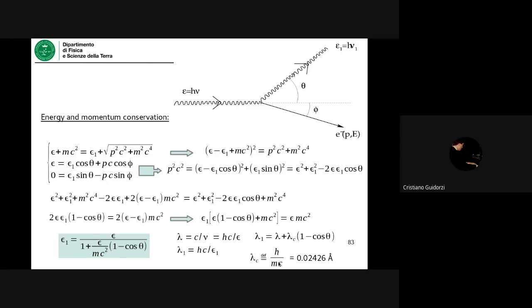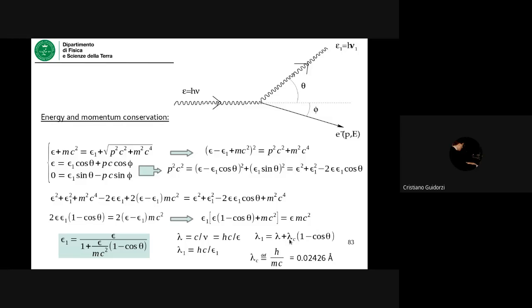In the case of an electron, which is the interesting case, the Compton wavelength is just 2.4 times 10 to the minus 2 angstrom. So if you add to the wavelength something of the order of the Compton length, in order to see a significant change, lambda has to be comparable with the Compton wavelength, in this case of the photon.